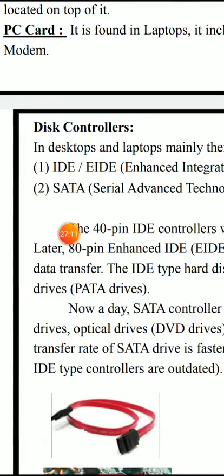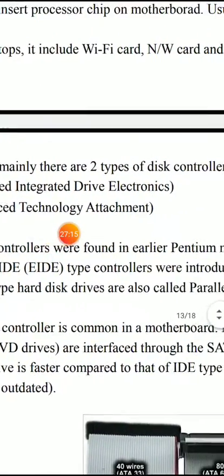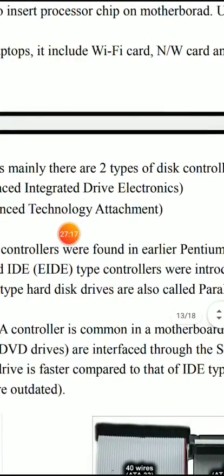So next one is a disk controller. In desktops and laptops, mainly there are two types of disk controllers. Disk controllers are nothing but cables that are used to connect disks like the hard disk, floppy disk, and CD-ROMs of a computer system.